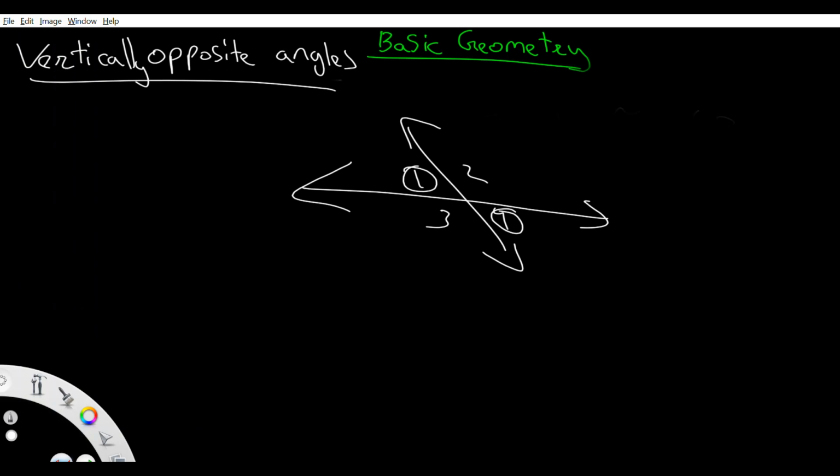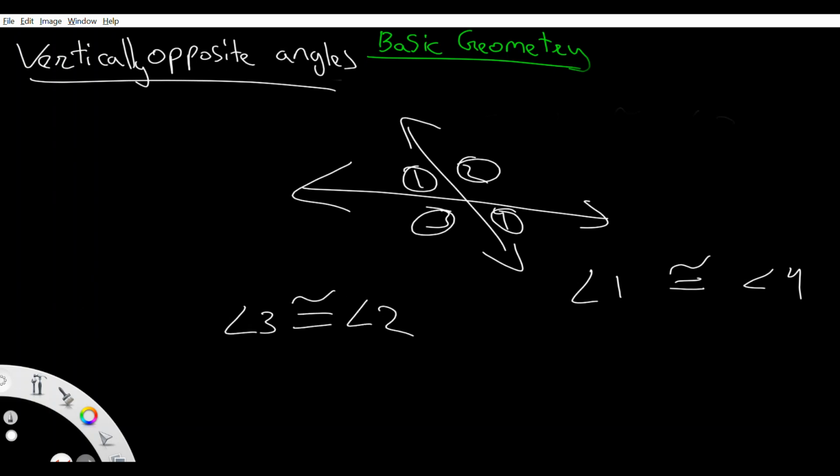So that means that angle 1 and angle 4 are congruent. They are the same. And angle 3 is also congruent to angle 2. So vertically opposite angles are congruent to each other, which means they are the same thing.